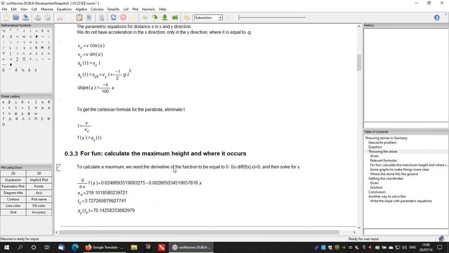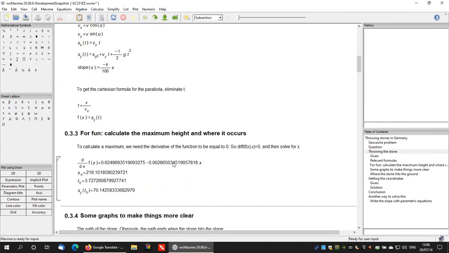So for fun, you can calculate the maximum height and where it occurs. To calculate a maximum, we need the derivative of the function to be equal to 0. So the derivative of f(x) equals 0, and then solve for x, which gives us the x coordinate of the highest point: 218 meters and something.